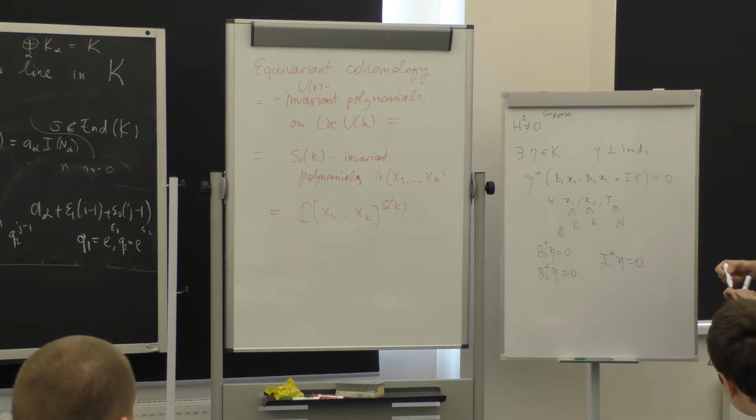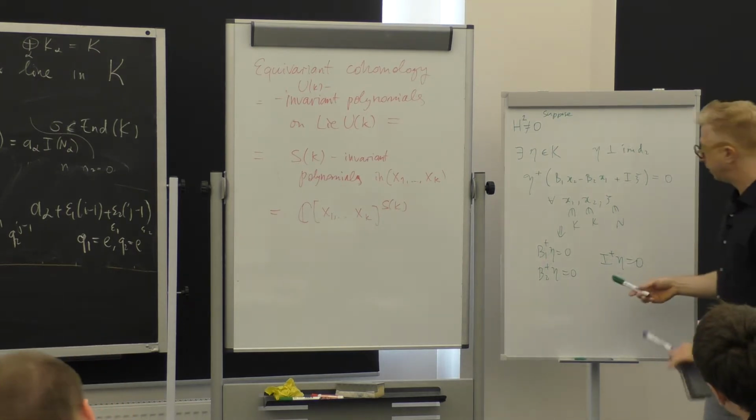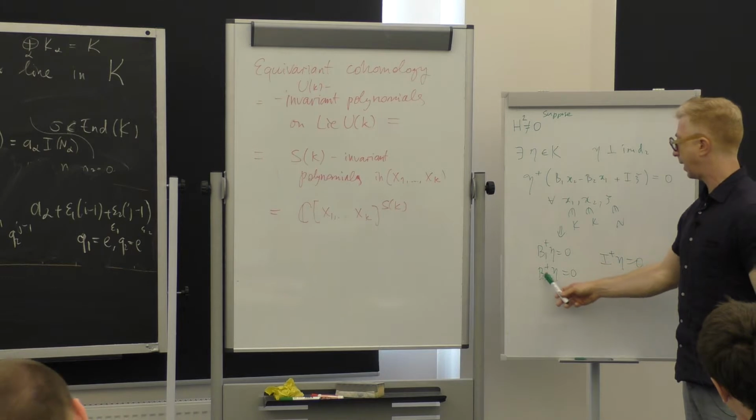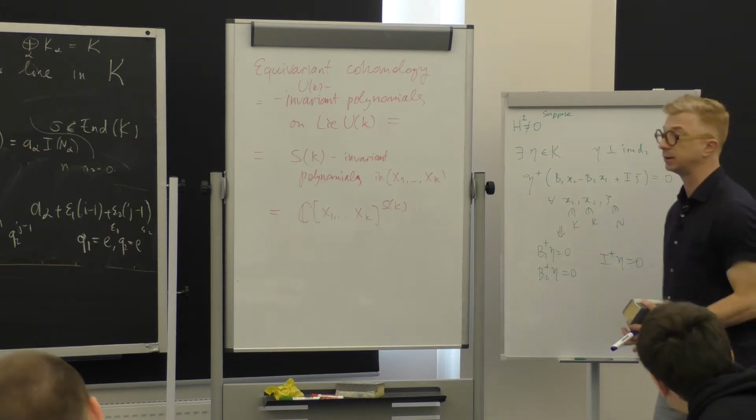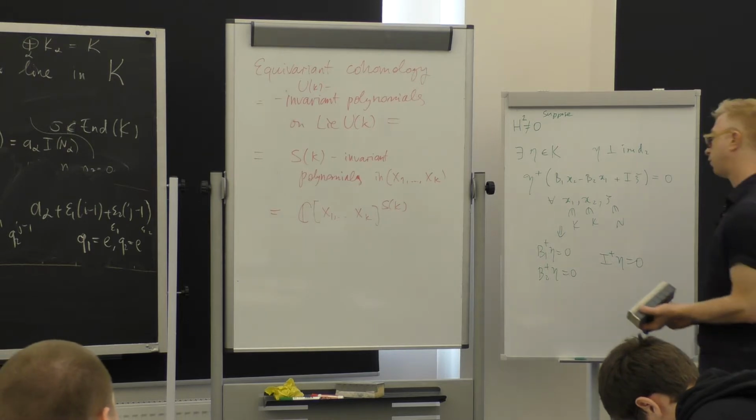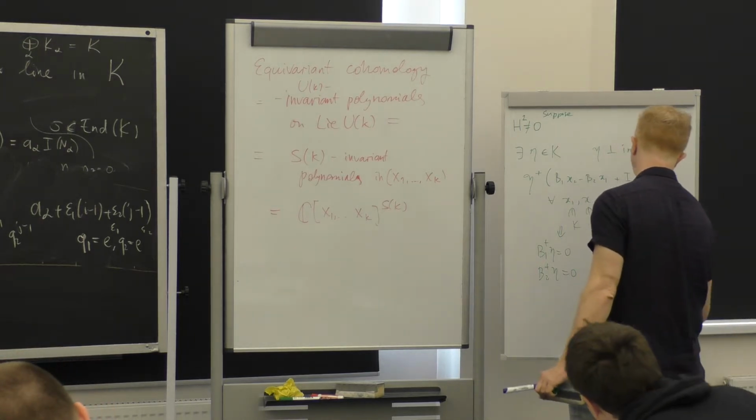So it is orthogonal to the image of I, and the subspace of such vectors is invariant under the action of B1 and B2. Therefore, by stability, eta is 0.